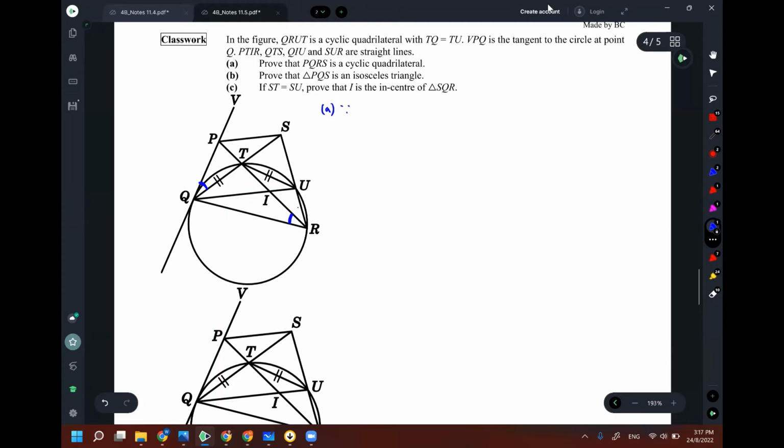Because BQ is tangent at Q, therefore angle PQS equals angle QRT, angle in the alternate segment.